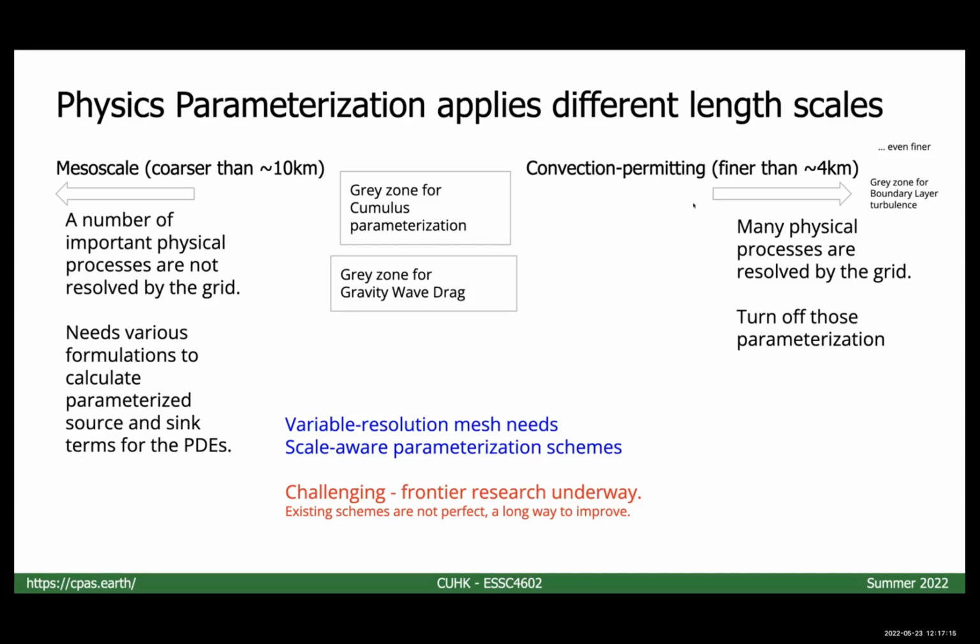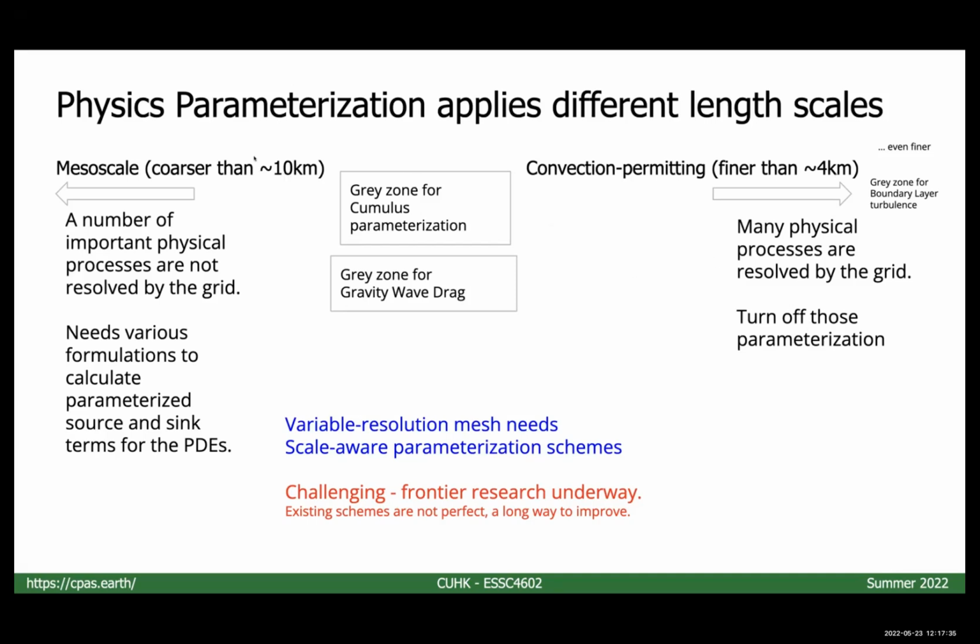So there are gray zones between these scales. Usually, we say that if we can resolve cloud, this is cloud resolving scale or convection permitting length scale, which is usually finer than 4 km, then we turn it off.